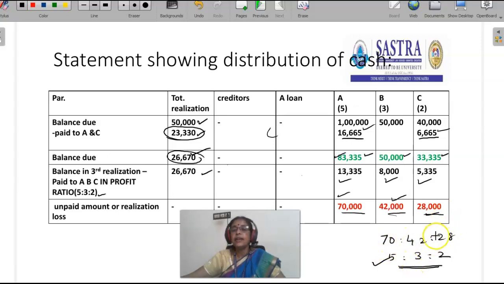If we simplify, we get 5:3:2. That is nothing but the profit sharing ratio. The unpaid capital amount should be in the profit sharing ratio. Hope you understand this problem. In this way, we have to do the distribution of cash under the proportionate capital method. Thank you.